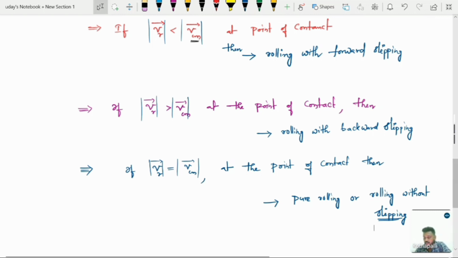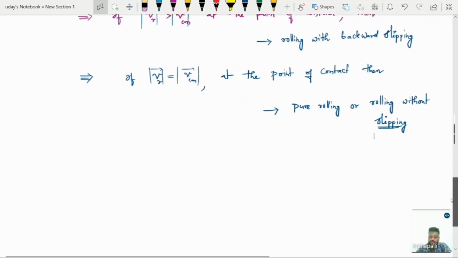So in pure rolling motion, velocity due to rotation and velocity of center of mass are both the same. VR is equal to VCM, where VR we express as R omega.